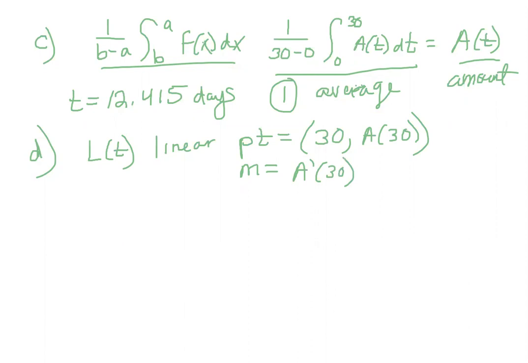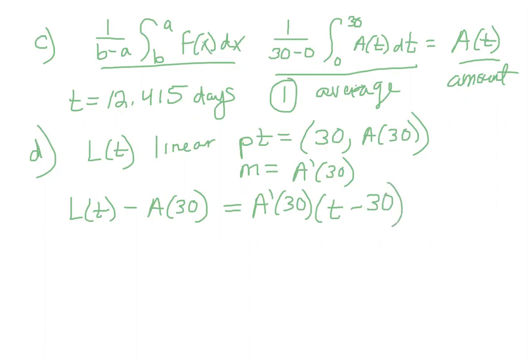So our linear approximation is going to be y minus y1 equals slope times x, which is t here, minus t1.